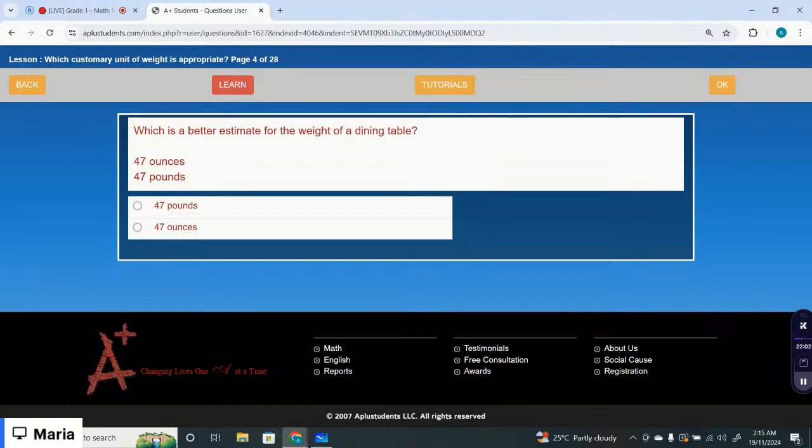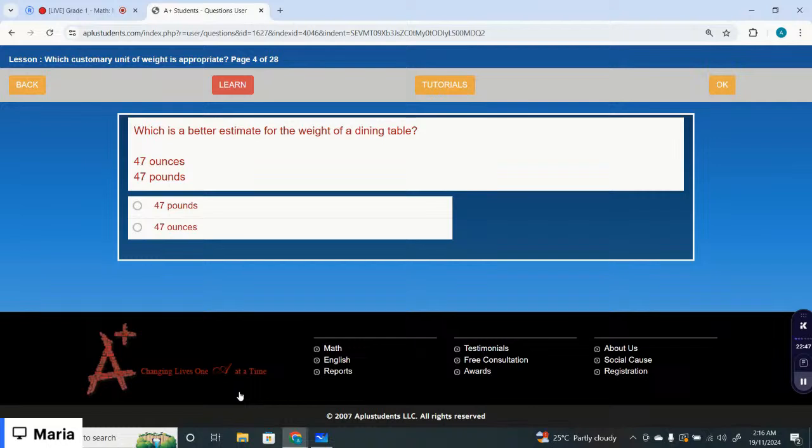Which is the better estimate for the weight of a dining table? The correct option is, dining table, it must be heavy.